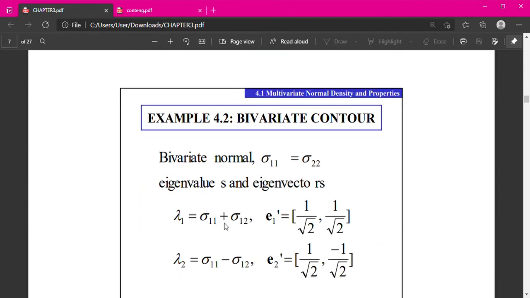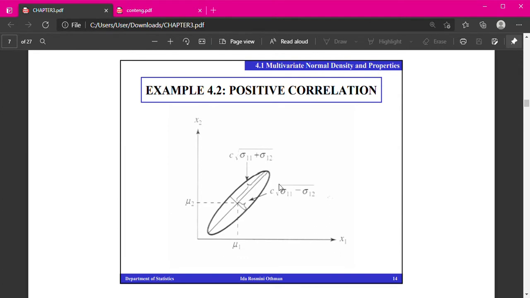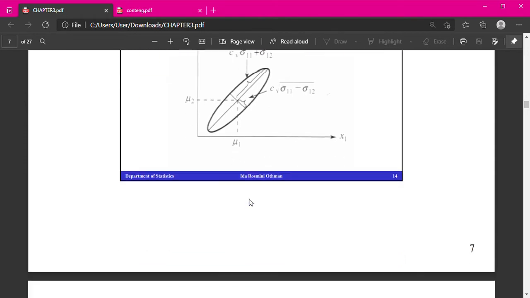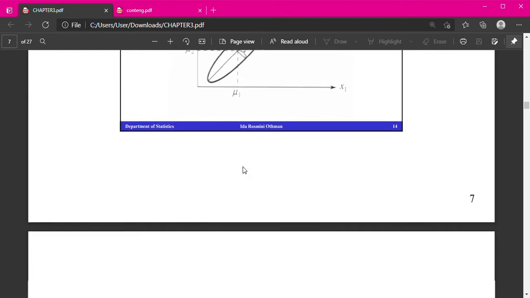Kita tahu macam mana nak cari. Okay, kat sinilah contohnya. Di sini dia punya axis tadi. Ni value C. Okay, multiply dengan square root of the lambda multiply its normalized eigenvector. Di sini adalah nilai mu. Okay, ini adalah gambaran the ellipsoid yang kita dapat, we can create the ellipsoid from the value of the square distance. Okay.